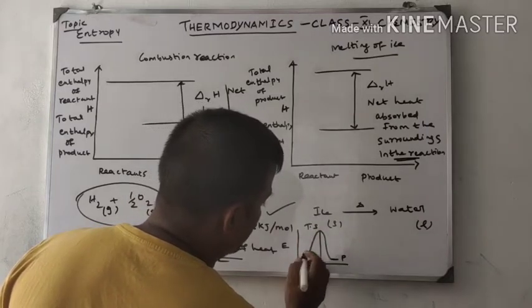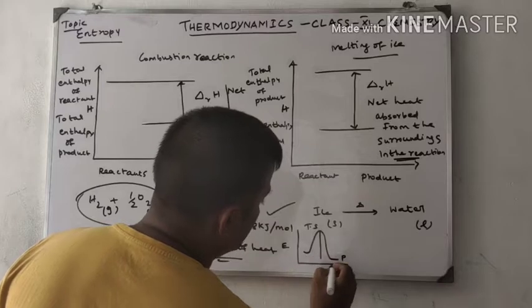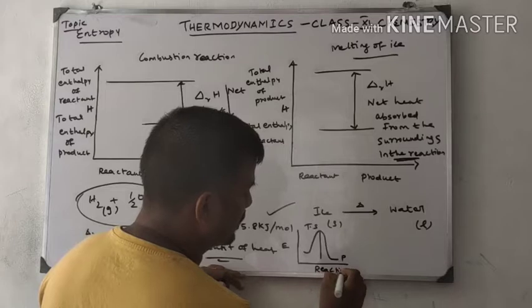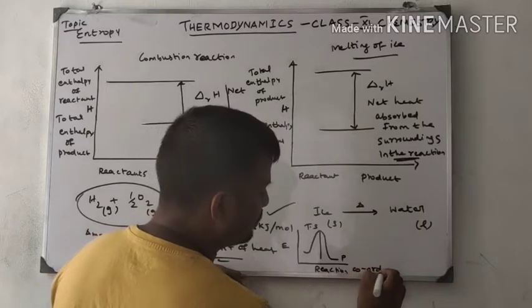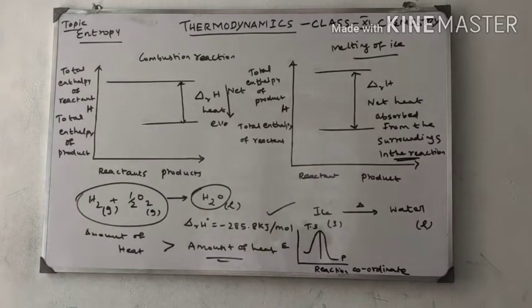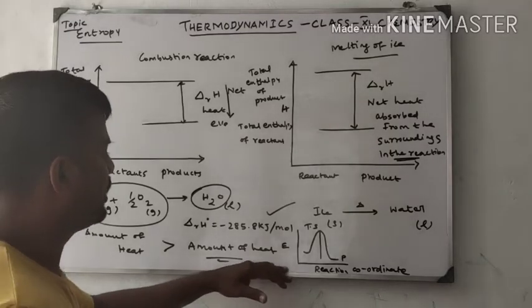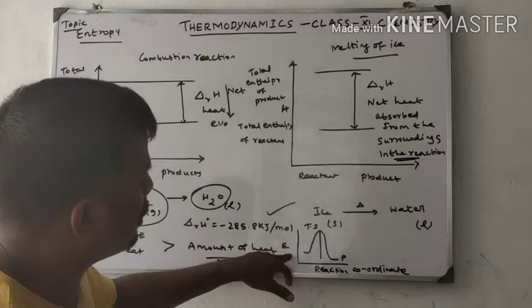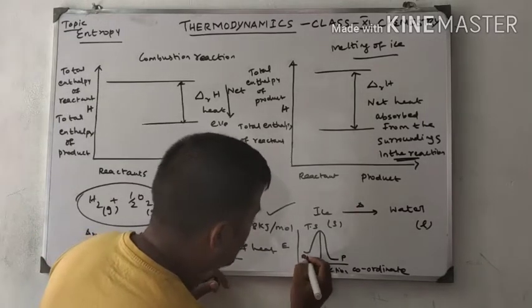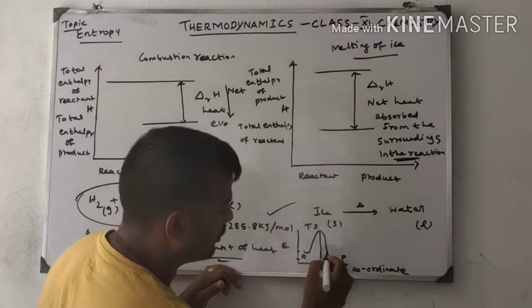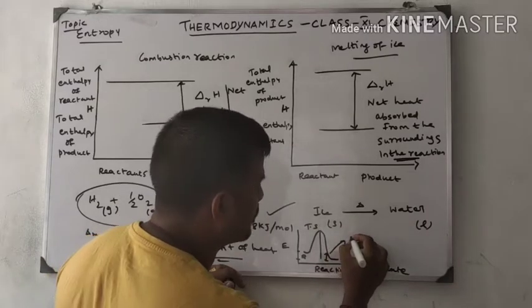This is the reaction coordinate. In an exothermic reaction, the reactant energy is always greater than the product energy. This much energy is released to the surrounding.